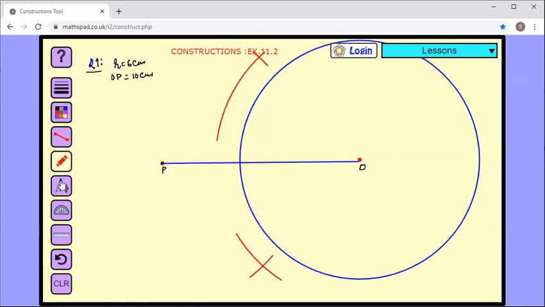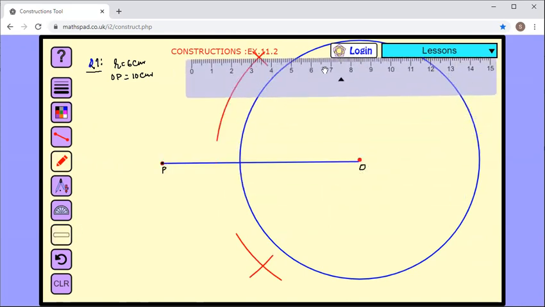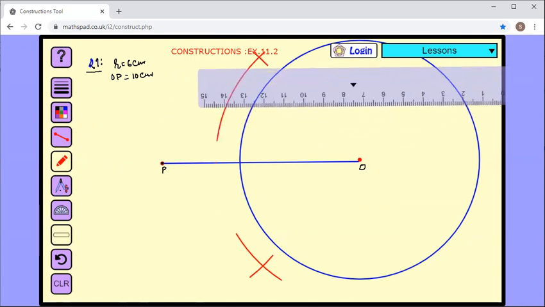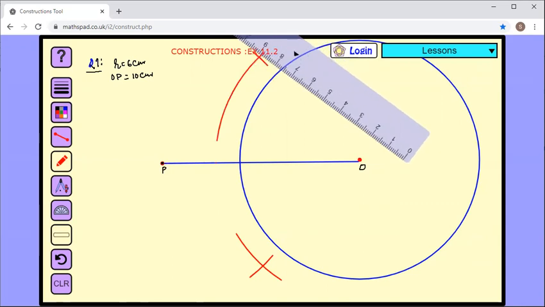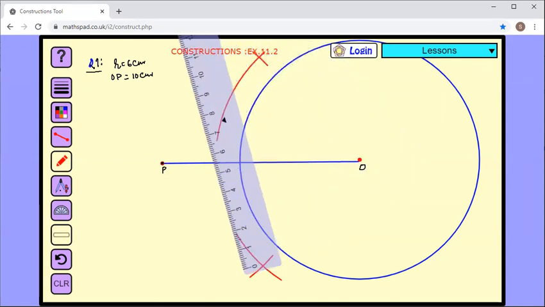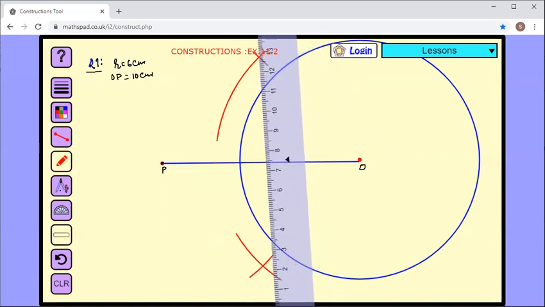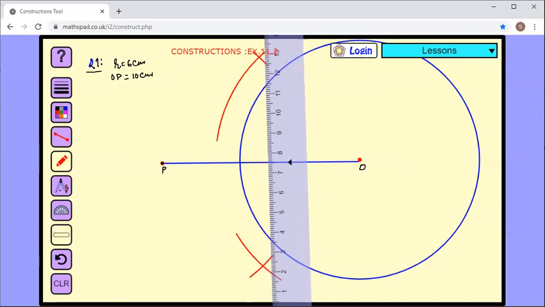Then children, you will lift scale and try to join these 2 points where the arcs have cut each other.